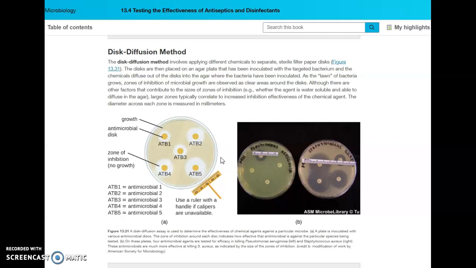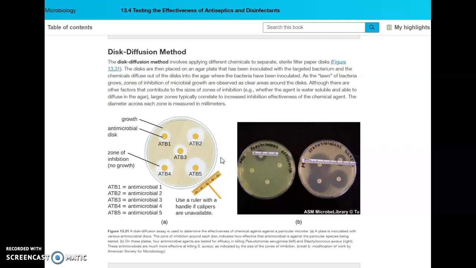And essentially what happens here is the bacterium has been completely spread over the surface of the agar using usually a sterile swab. A loop could also be used, and this creates what we call the bacterial lawn. We want as much coverage over the surface of the plate as we can.